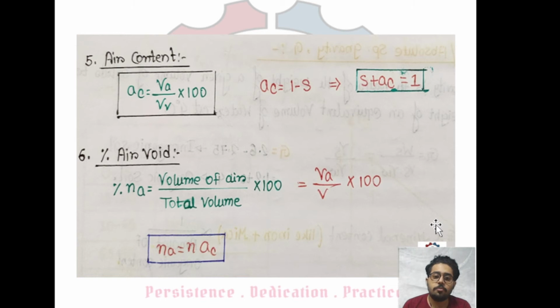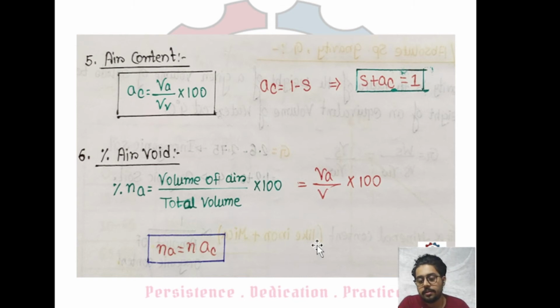So the numerator equals volume of void, and the denominator is also volume of void. So S plus AC equals 1, and we can also represent it as AC equals 1 minus S.